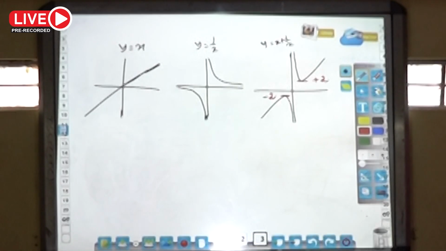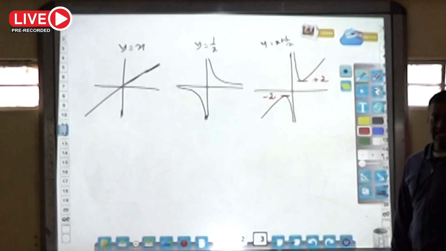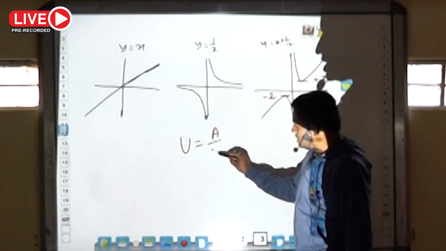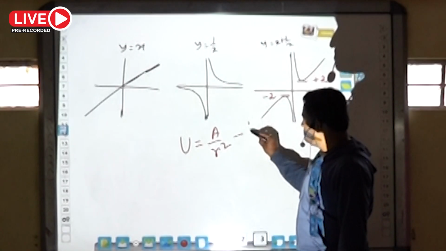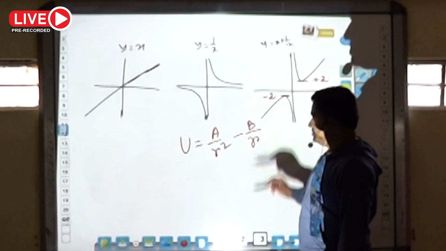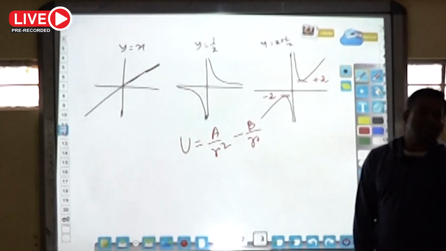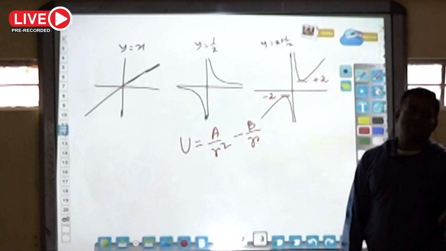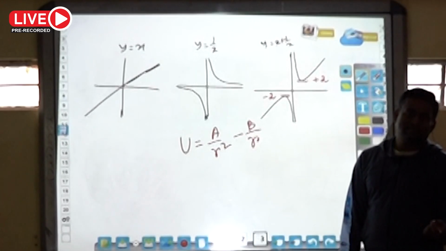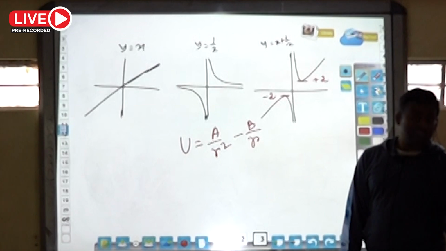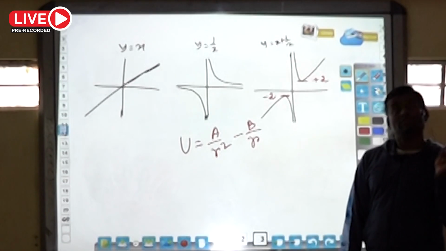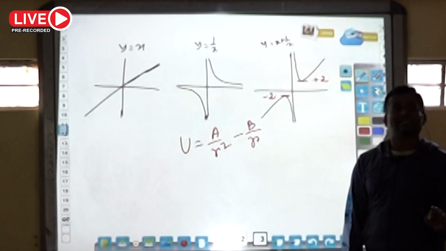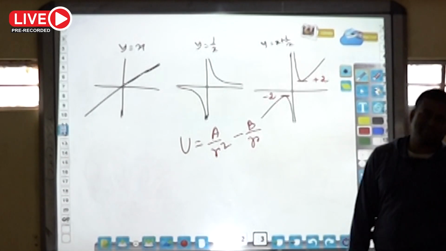So whenever in a physics problem you get the potential energy as A by r square minus B by r, what do we have to do? First derivative equal to 0 and solve for finding the stationary points, and then with those stationary points calculate the second derivative and check its sign to find the stable equilibrium.